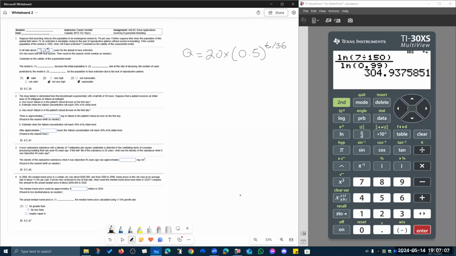When they tell you something like half-life and then tell you what the half-life is, then this is t divided by big T, where T is the half-life, and the half-life is 36. So let me write that formula up here. Q equals Q naught times 1/2 or 0.5 raised to the little t, which is my variable, divided by big T, which is my half-life.